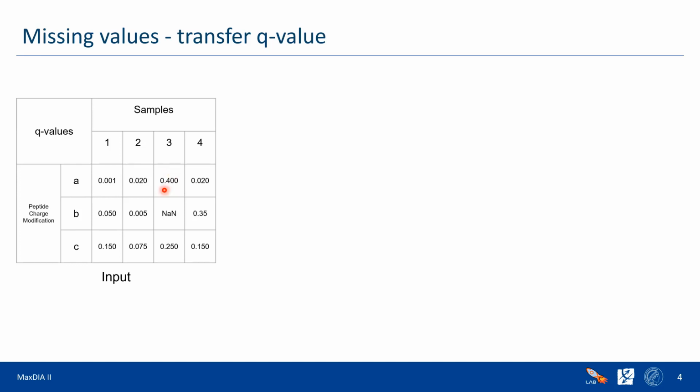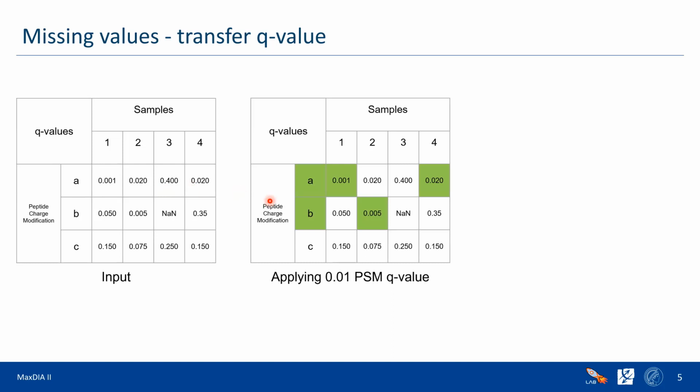That's pretty high. So in the common approach, if we make a 1% Q-value cutoff, then we're going to see just 2 peptides in the 3 samples. Peptide A will appear in samples 1 and 4, and peptide B will appear in sample 2.